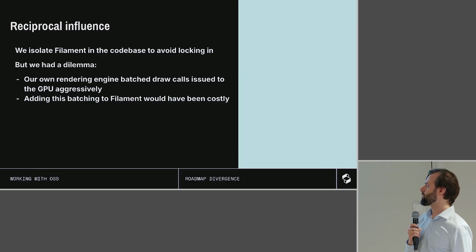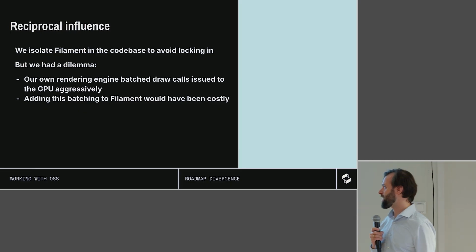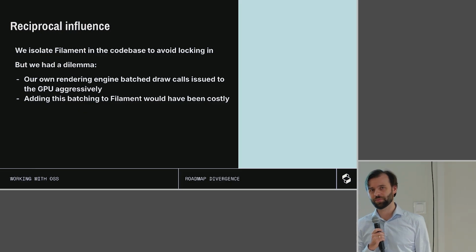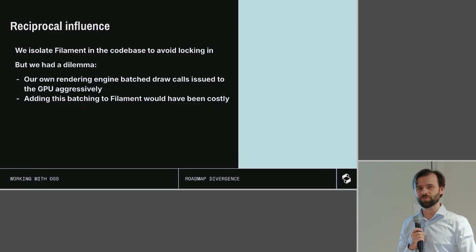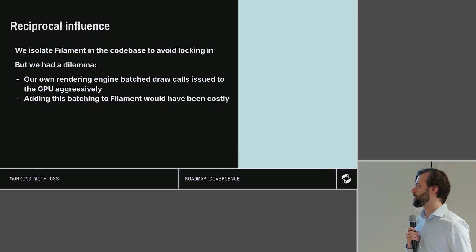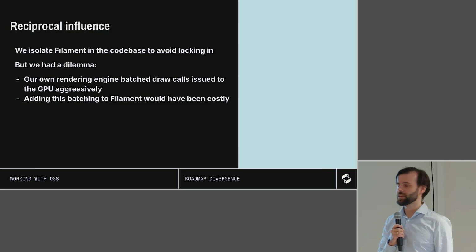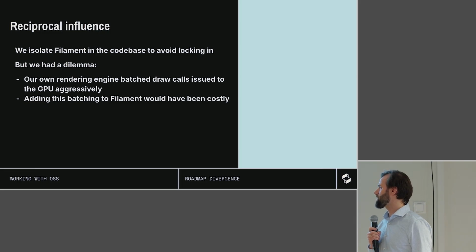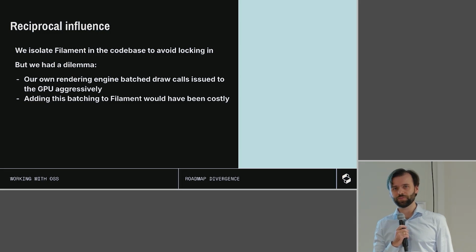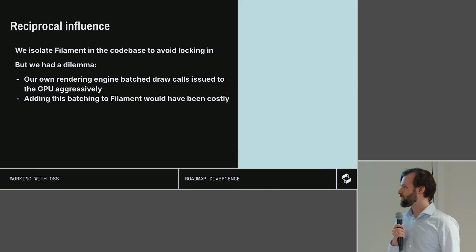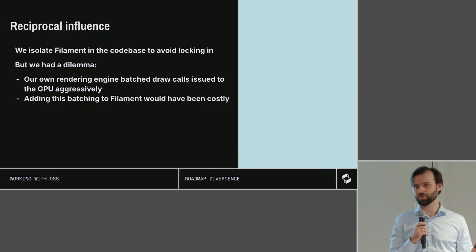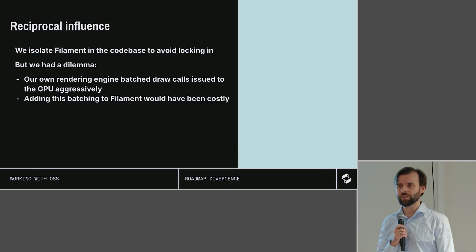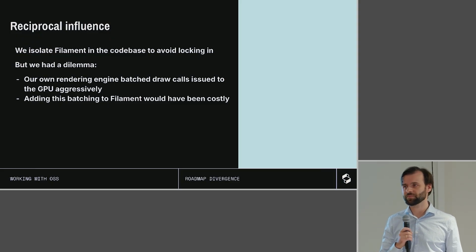One more thing I wanted to mention is that I talked about how we shaped Filament to our needs, but sometimes it was the other way around. One particular example I can remember is when we had a performance issue. As you may know, rendering works the way that the CPU sends commands to the GPU, the GPU executes them, and tada, you have a picture.